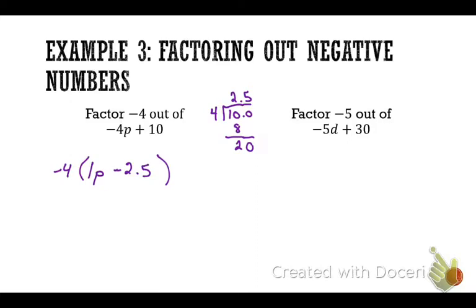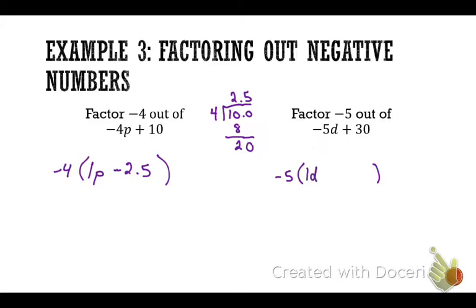Okay, so go ahead and try your next one now. Factor negative 5 out of negative 5d plus 30. So if I pull out negative 5, what would I need to multiply negative 5 by to make it equal negative 5d? And again, you can do your division. What's negative 5 divided by negative 5?